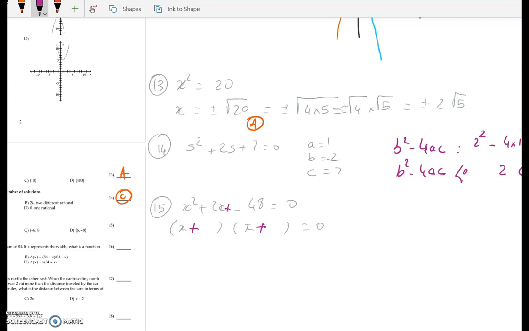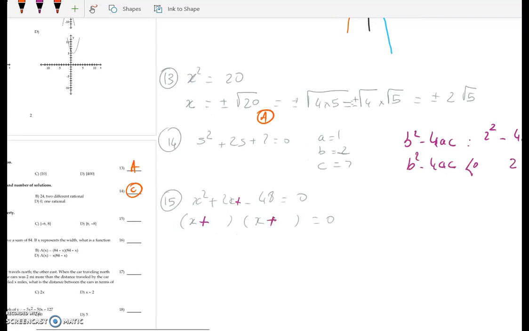And now, to have a negative 48, when I multiply the x by the x, I get x squared. And when I multiply this one by this one, I'm supposed to have negative 48. And to have negative 48, there are two options. It could be 6 multiplied by negative 8, or it could be negative 6 multiplied by 8.